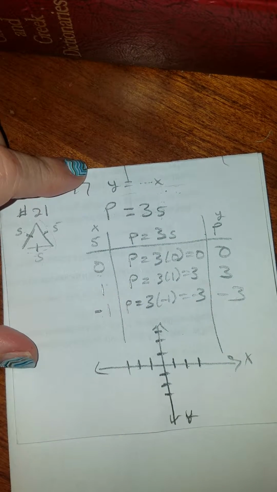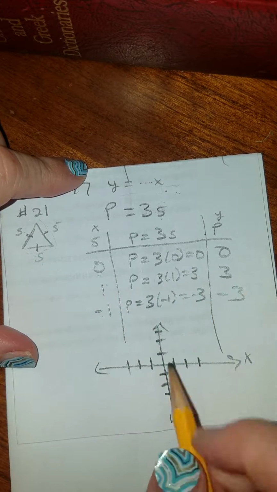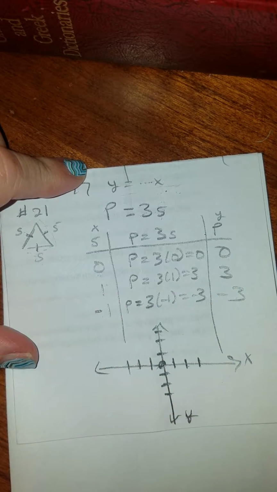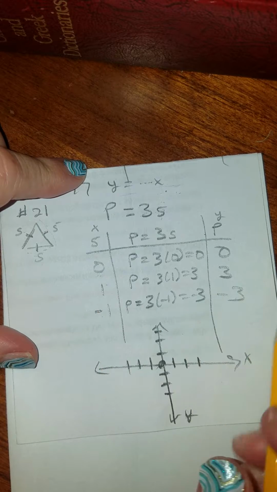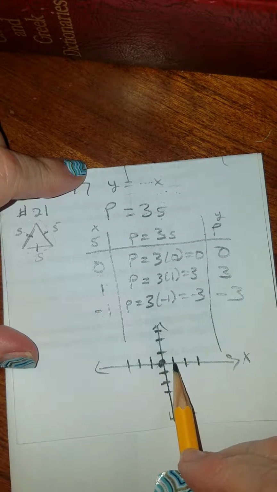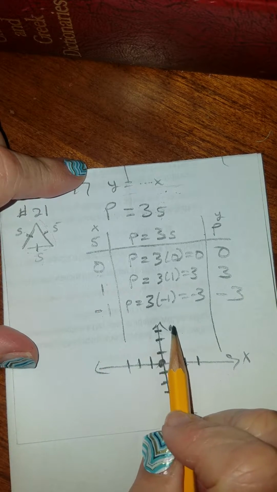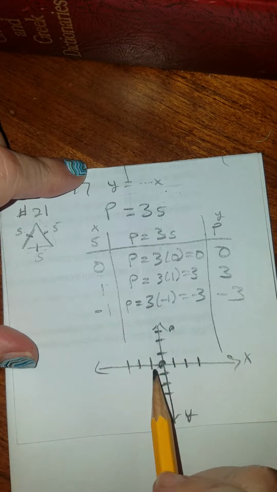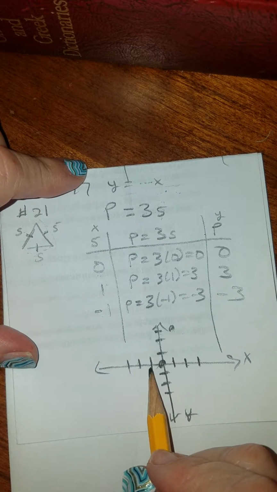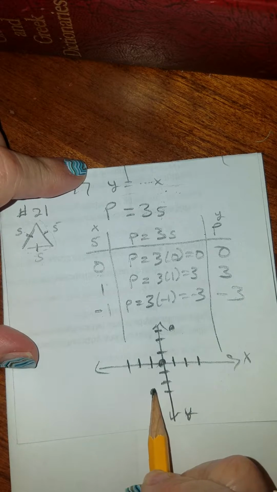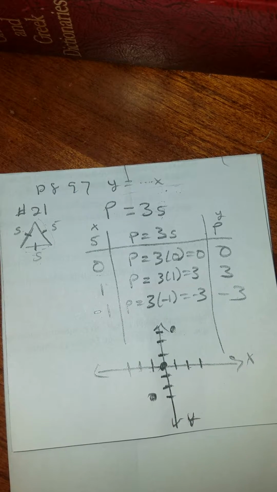All right. And so I'm going to plot my points. 0, 0, well, that's the origin, right? Then we have 1, 3. That means we're going to go over 1 and up 3. So that's going to be about right here. And then we had negative 1, negative 3. So there's my third point.